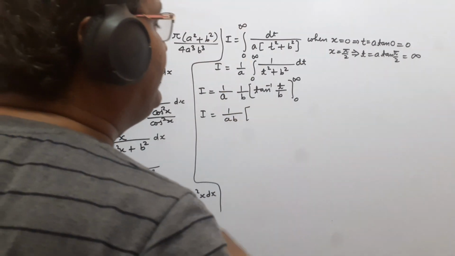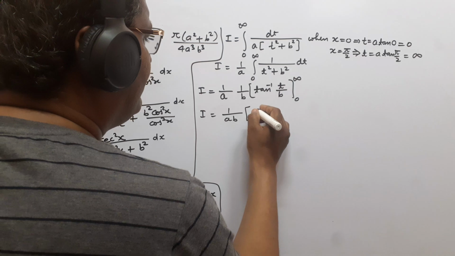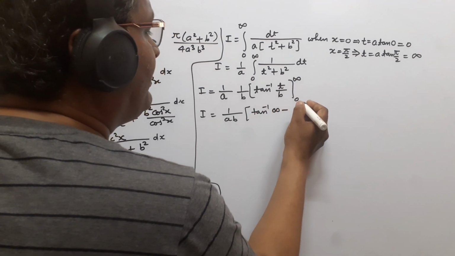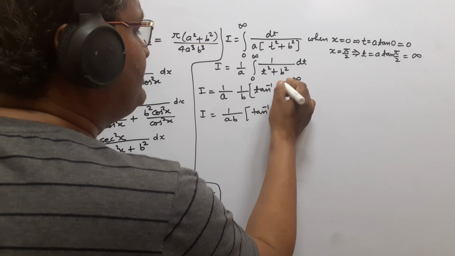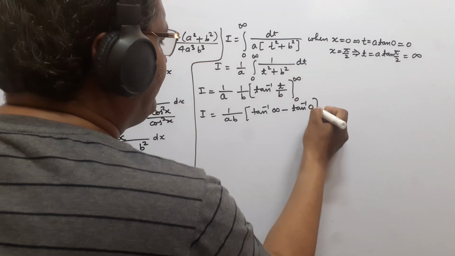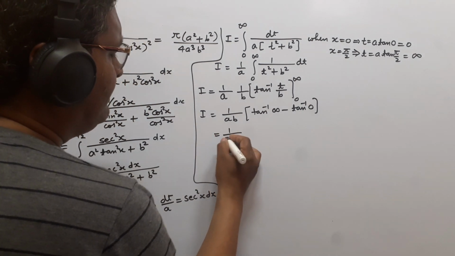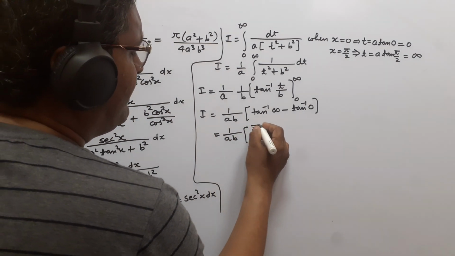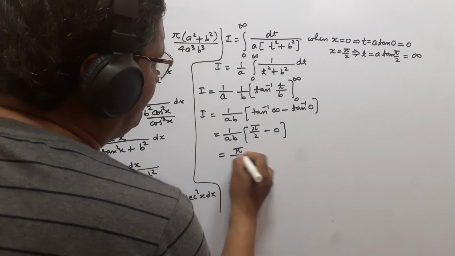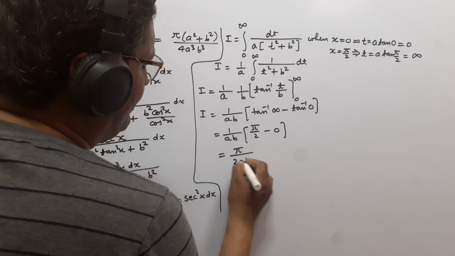In place of t we write infinity, so this is tan inverse infinity by b, that is infinity, minus, in place of t we put 0, and 0 by b is 0. And we know that tan inverse infinity is pi by 2 and tan inverse 0 is 0. So this becomes pi upon 2ab.